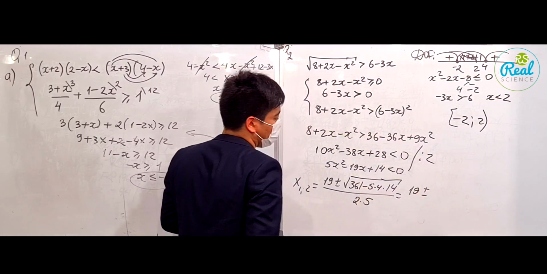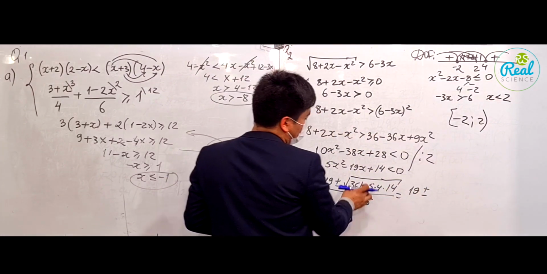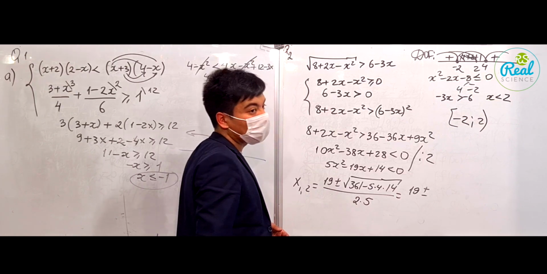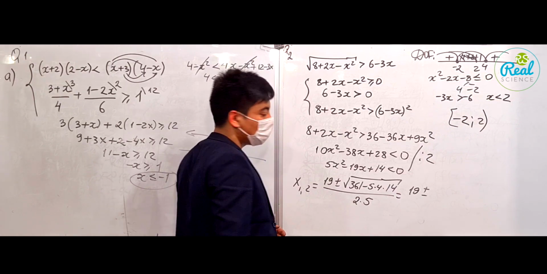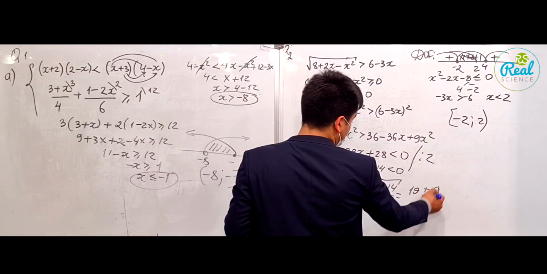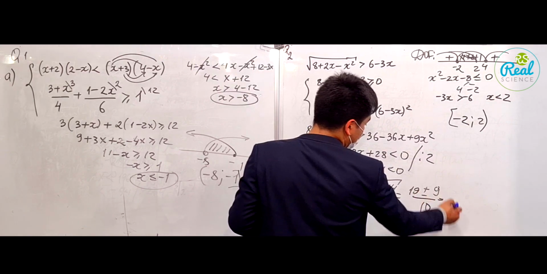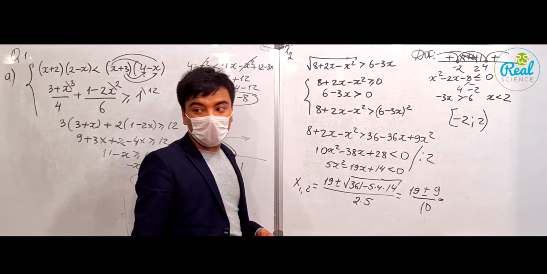When we calculate this, it's going to be 280, and 361 minus 280 is 81. 81 means 9 and 10, yeah?